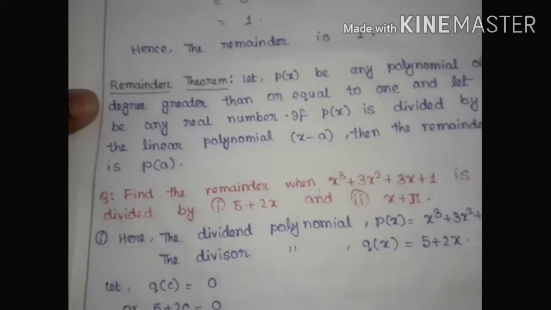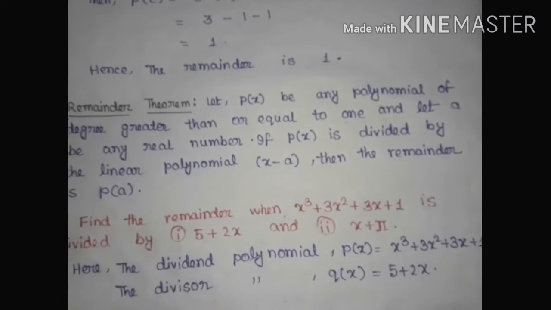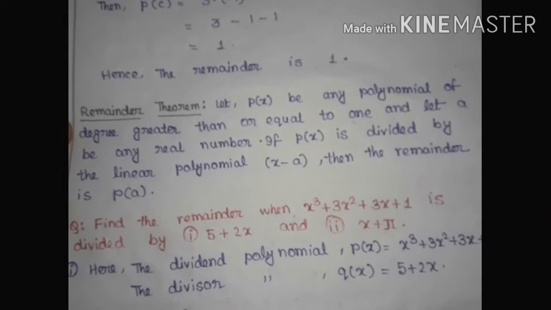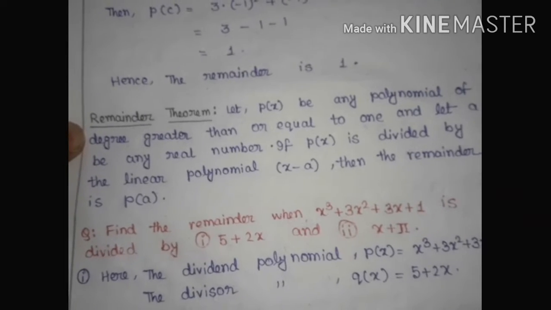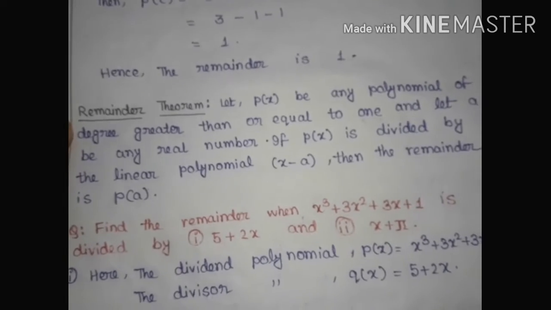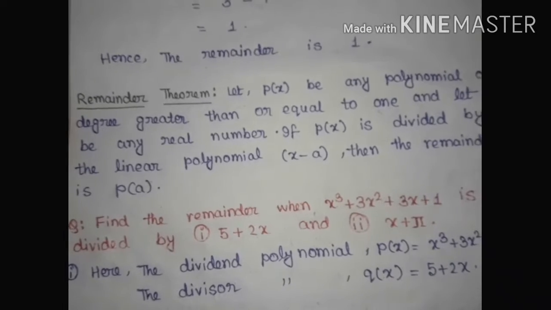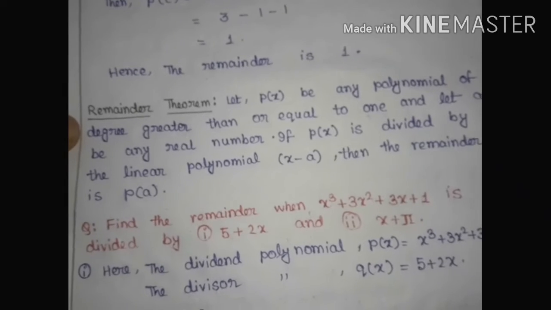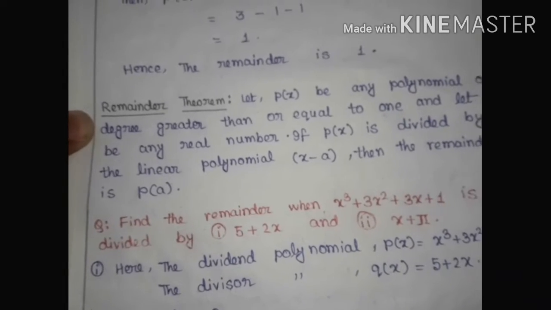The remainder theorem. The statement is: let Px be a polynomial of degree greater than or equal to 1. We know what degree is. Let a be any real number.